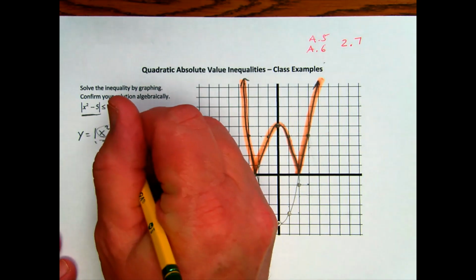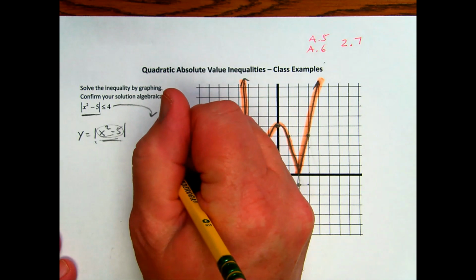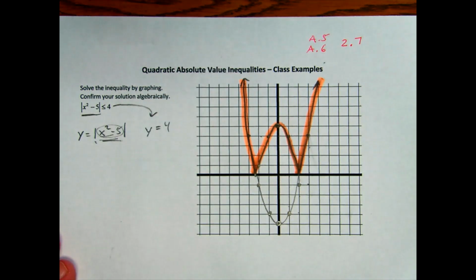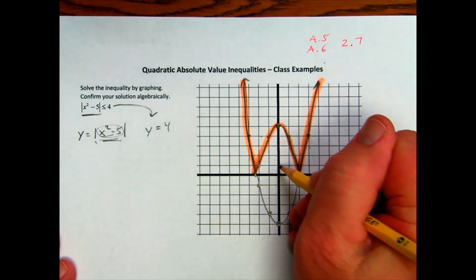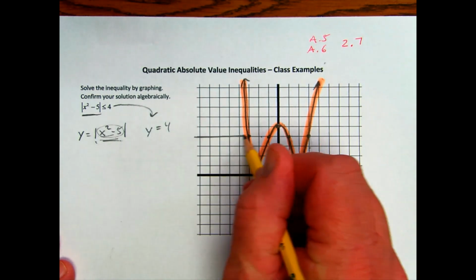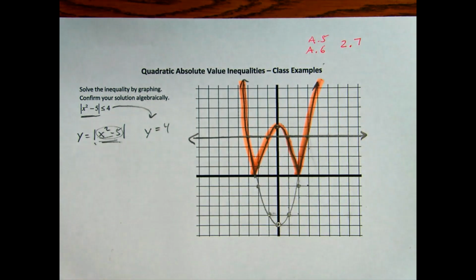Now what I'm going to do is graph the right-hand side in an xy plane. So what does the graph of y equal 4 look like? Well, it's just a horizontal line at 4. Give that a quick highlight.